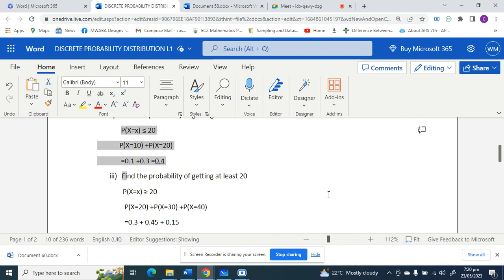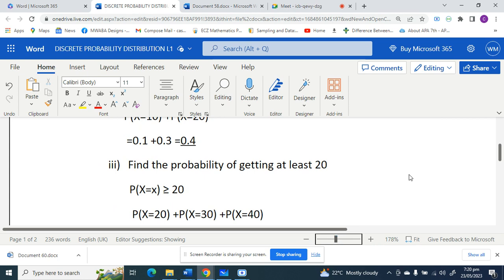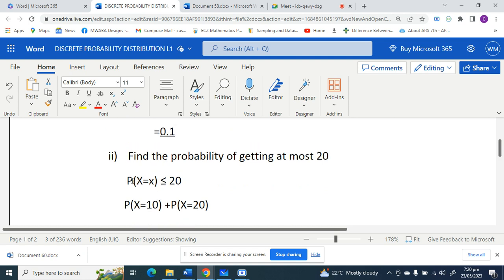Because they'll expect you to be representing these operations like this. So the probability of getting at most 20 complaints. So there's a probability we can get 10 complaints plus there's a probability we can get 20 complaints.